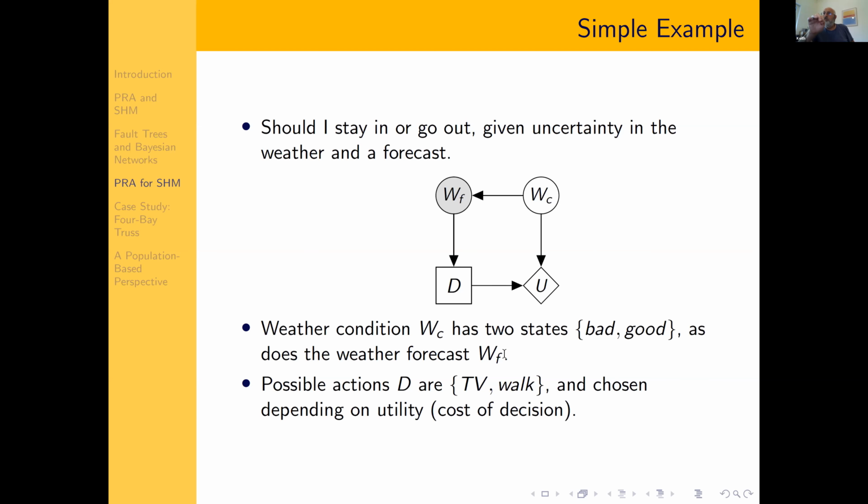But suppose the weather forecast gave you a probability between 0 and 1 that the weather was going to be bad. In that case, you'd need to choose some threshold on the probability of bad weather before you would make a decision to stay in and watch the television. And that threshold is a learnable parameter in this context. And that's what we've got to get from the data.